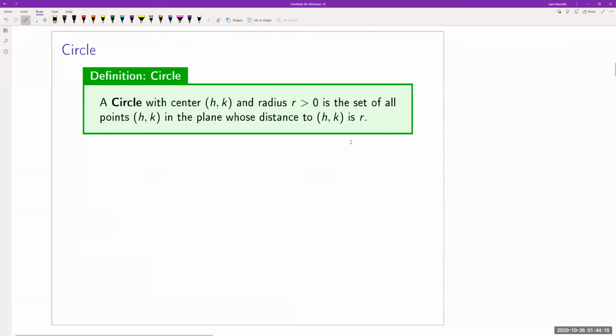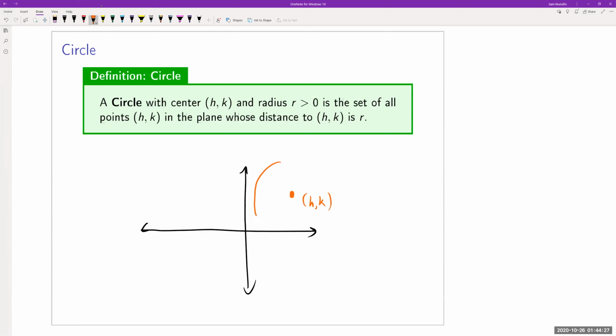A circle has a center of h comma k and a radius r, which of course needs to be positive. So let's say that this was our point, hk. The circle would be all of the points at a fixed distance of r.